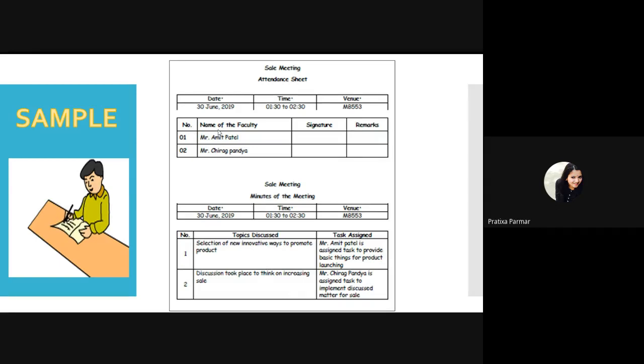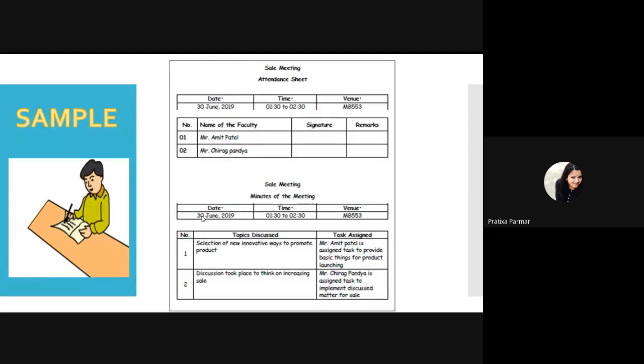You're not supposed to maintain the attendance in this format. Let's say 50 or 100 people are attending, then this attendance format will not help you. This is just for the attendance part. I hope the instruction is clear.